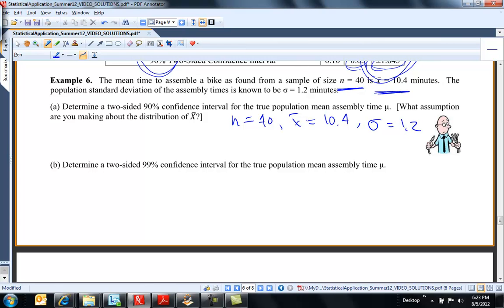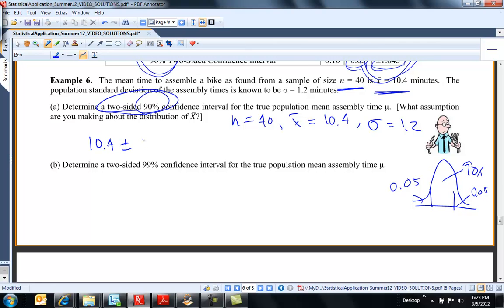Okay, so we want to make a two-sided 90% confidence interval. So this should be 10.4 plus or minus. Sometimes I even draw to make sure I believe it. So here's 90% in the center, so that leaves 0.05 in each tail.